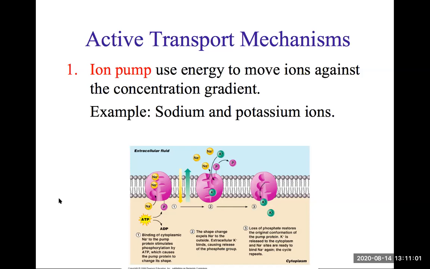And if you're still having trouble imagining what that means, I want you to consider, like, if you had a rock and you were standing in the middle of a hill. If you were to put the rock on the ground and step away, it would naturally roll downhill, right? It'd be moving from high altitude to low altitude. Okay, that would be moving with the concentration gradient.